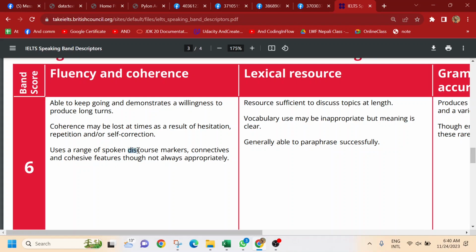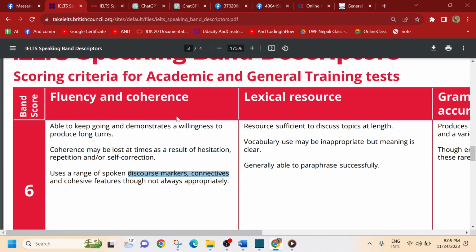Whenever answering, your answer must contain discourse markers and connectives, first of all. Here we are going to talk about the discourse markers. Discourse markers means the sequencing of information, like firstly, secondly, or thirdly, or starting with on the one hand, and then on the other hand.